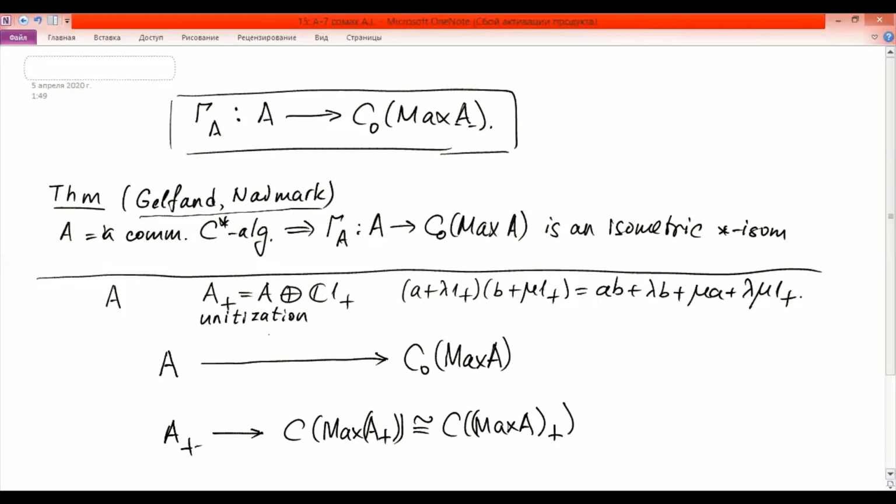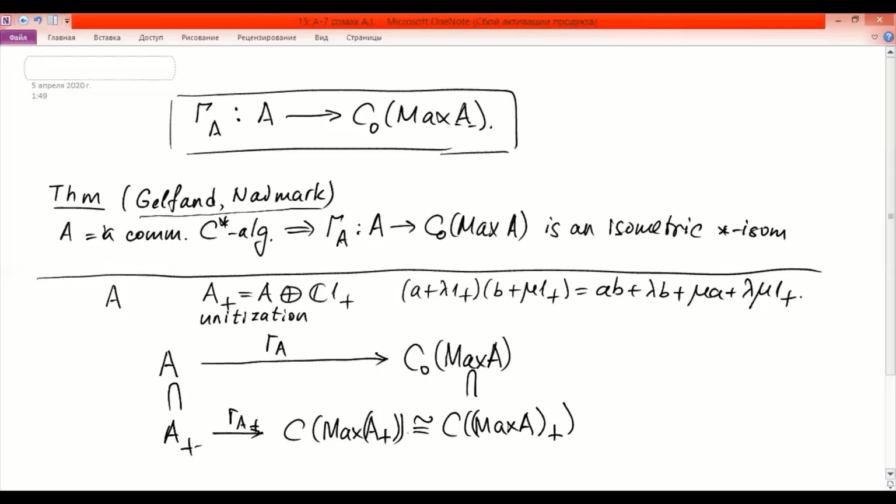So this is the Gelfand transform of A, and this is the Gelfand transform of A plus. Now A is a codimension 1 ideal in A plus, and the algebra C0 on the maximal spectrum of A becomes a codimension 1 ideal in the algebra of continuous functions on the one-point compactification of the maximal spectrum of A.